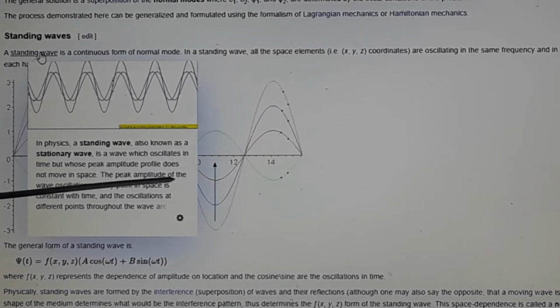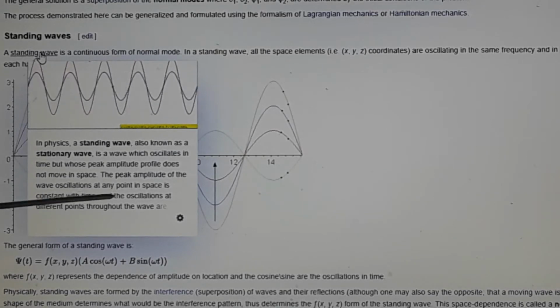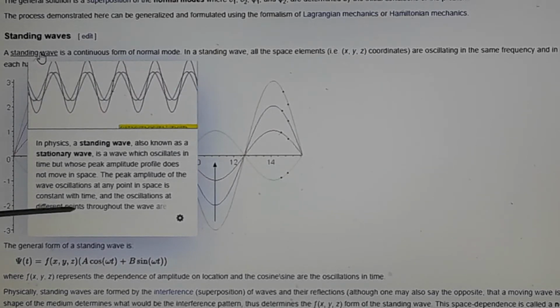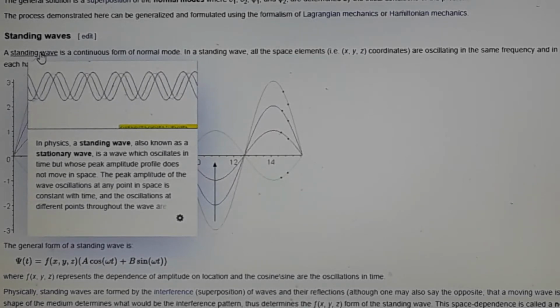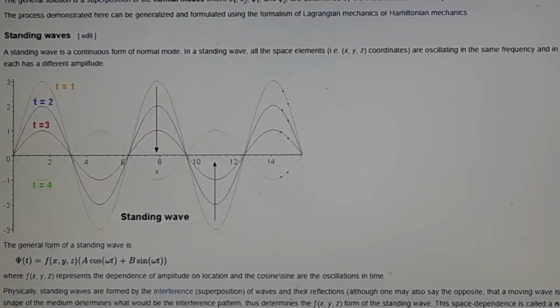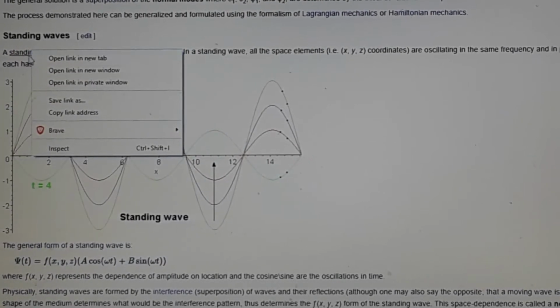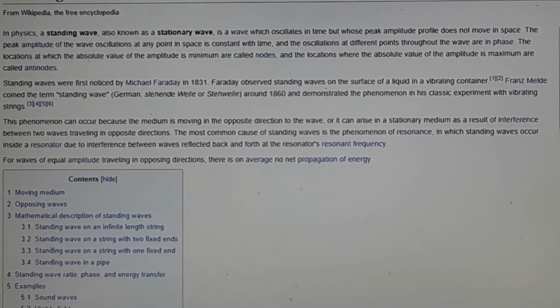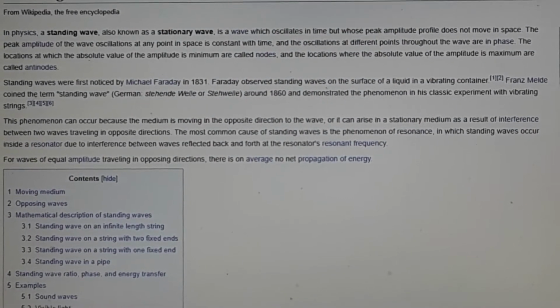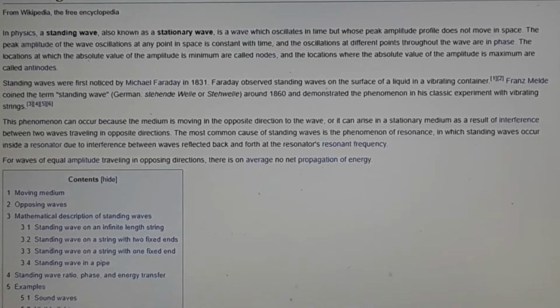The peak amplitude of the wave oscillations at any point in space is constant with time, and the oscillations at different points throughout the wave are... I'm not going to go into that. Let's open a link. All right. I see they show the nice diagram over there.